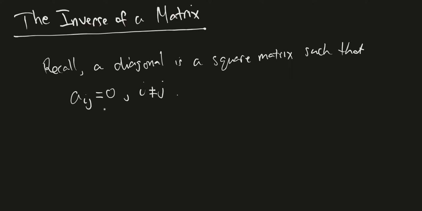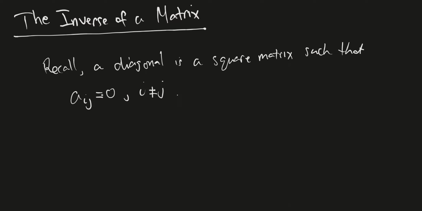So again, remember what this is saying for a diagonal matrix is that elements that are not on the main diagonal, those are the elements where the row index and the column index are different, like 3, 5 or 1, 7, all those entries have to be equal to 0. So what this implies is that the only entries in a diagonal matrix that can be non-zero are the entries on the main diagonal, right?